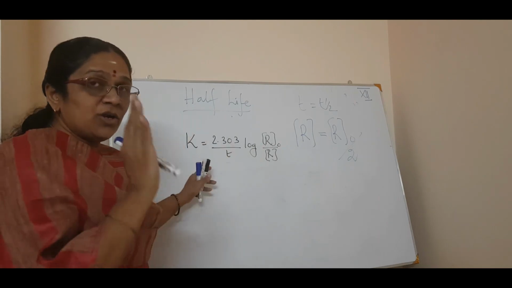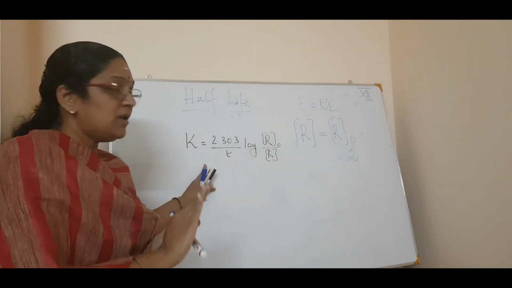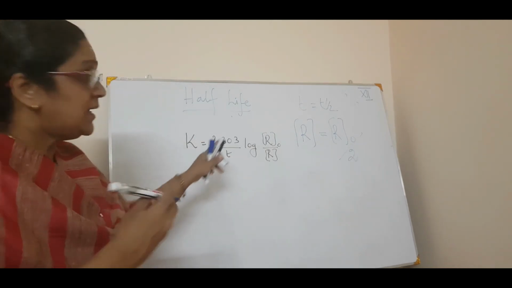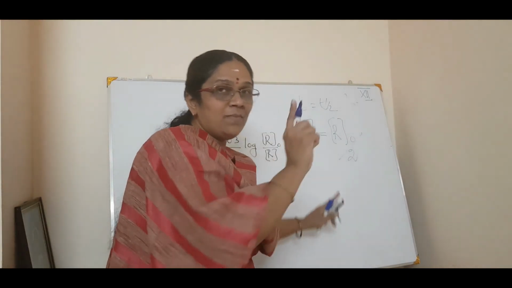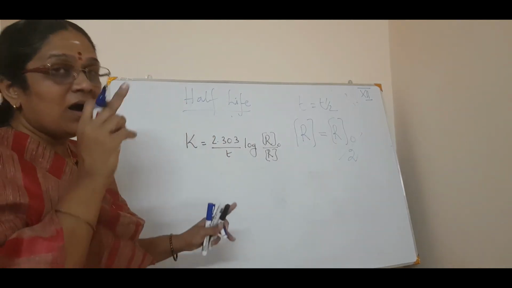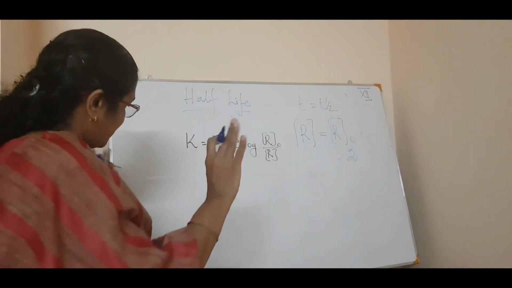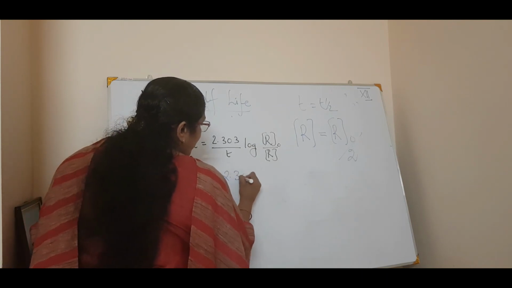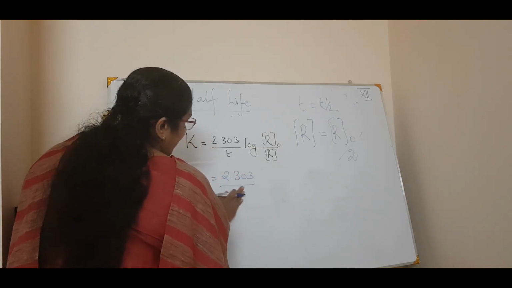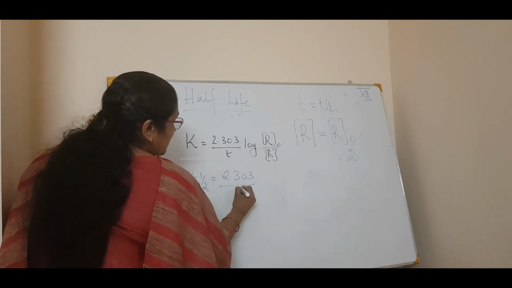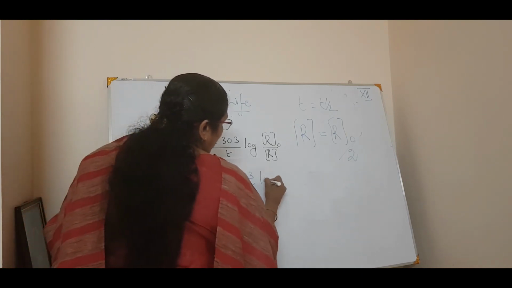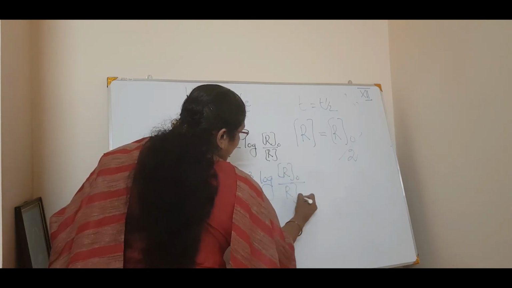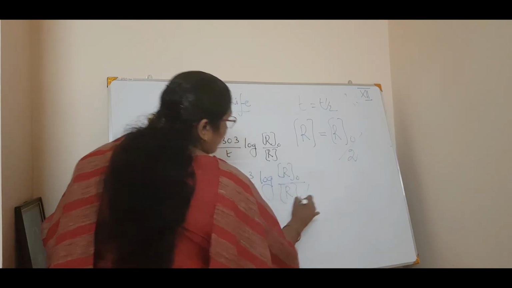Now, just what you have done in zero order, you substitute the same way in the first order. T will become T half and R will become R0 by 2, not R0. So we will put T half is equal to 2.303 by K, because K is here and T is here, into the logarithm of R0 by R, and R will become R0 by 2.